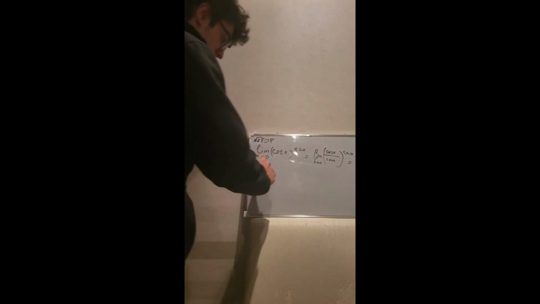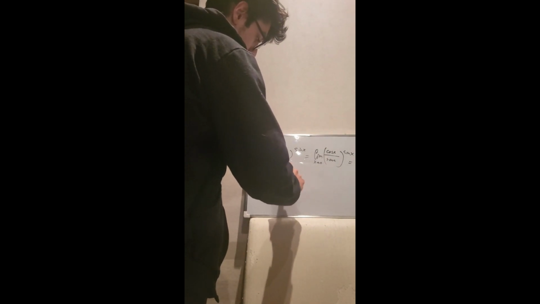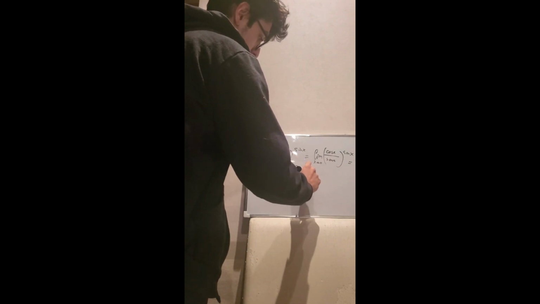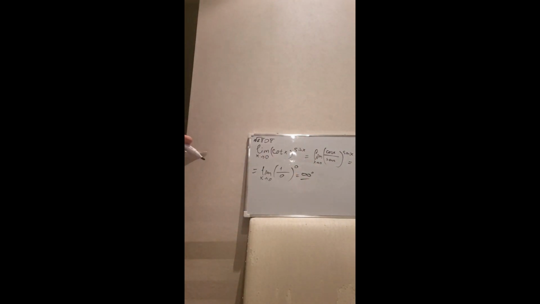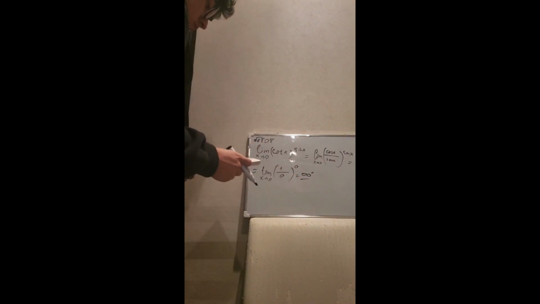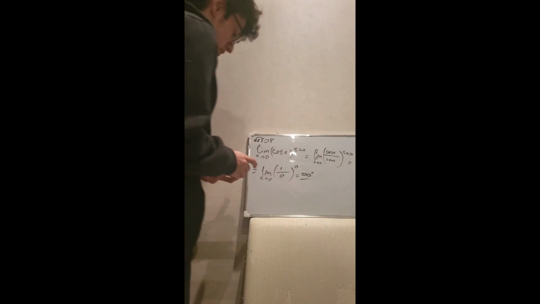So it's going to be limit x approaching 0, 1 over 0 power of 0. So it's going to be infinity over 0. It's an indeterminate form, infinity over 0. So now we can solve it.